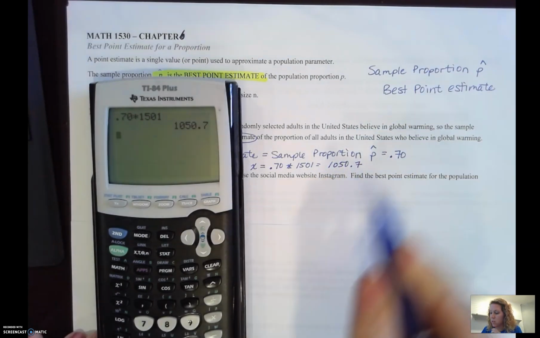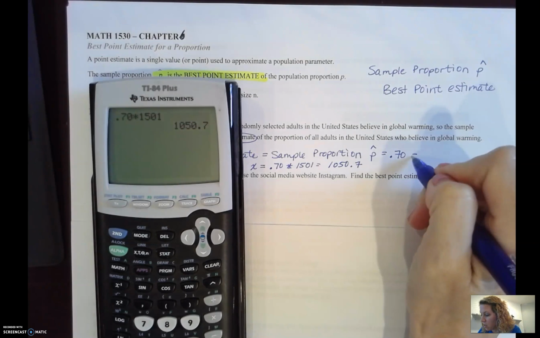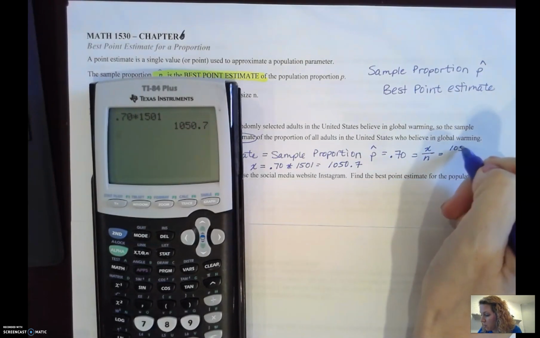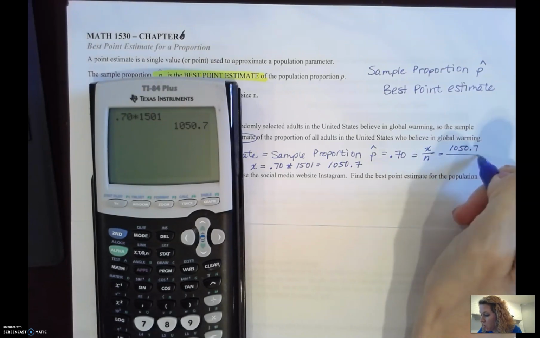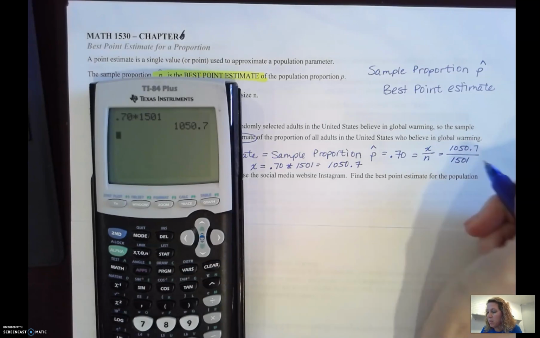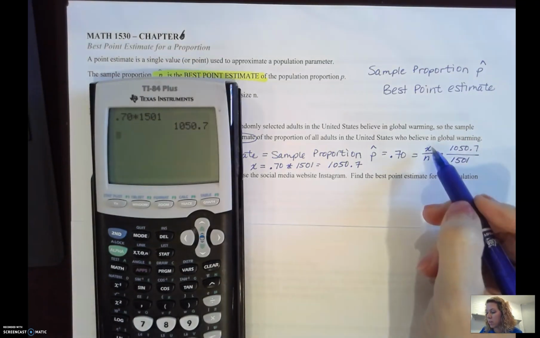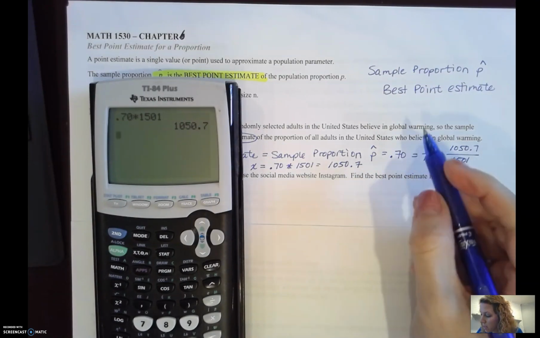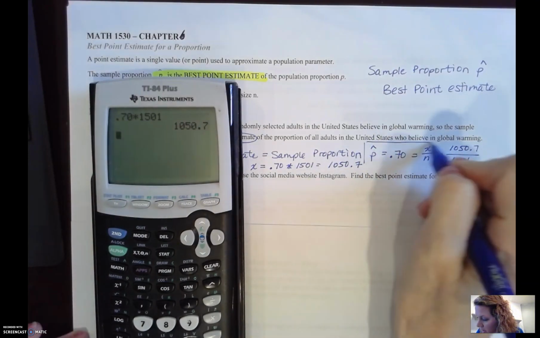So another way to construct p hat is our x over n. Our x over n in this case would be 1050.7 over 1501. This is important that you know the number of successes over the sample size as well as the p hat. So either way, this is important to understand and write out.